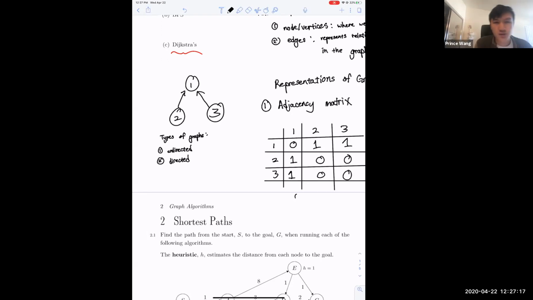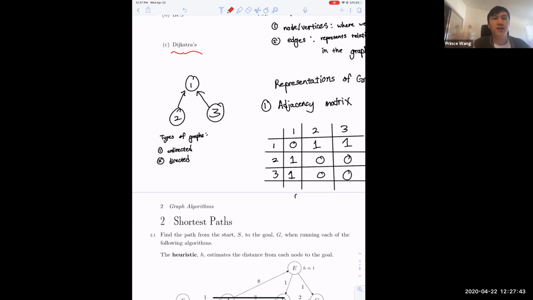And if I have an edge from 3 to 1, it's also an arrow pointing towards 1. But notice that there is no edge from 1 to 2. So imagine you start from 2, you want to travel to 1, but you cannot travel back to 2. That's the difference. Whereas in undirected graphs, traversal or movement is bidirectional.